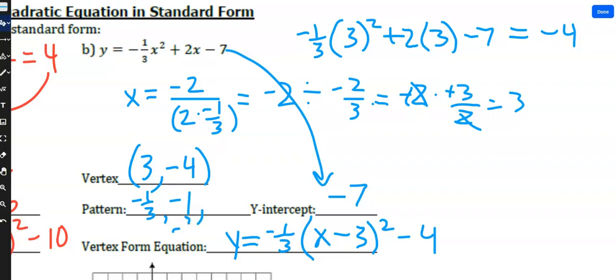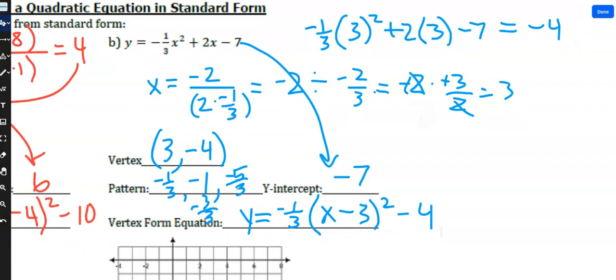I know, that's the same thing as negative 3 over 3. And then lastly, negative 5 over 3. So that's kind of an ugly looking pattern. If you were to graph it with the pattern, you probably would want to use decimals to graph it.